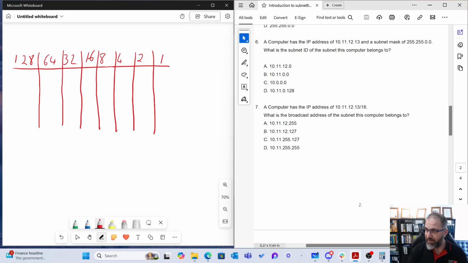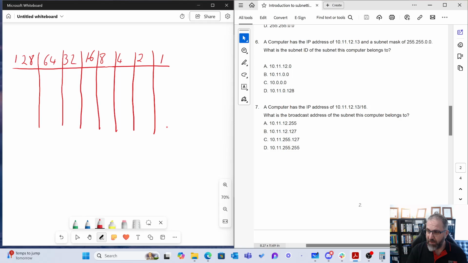Again, my trusty little map will help us out here. What 16 means is how much of the IP address belongs to the network, or is the network mask. So what that 16 means is this.